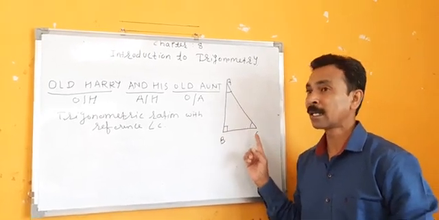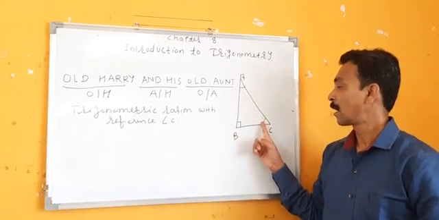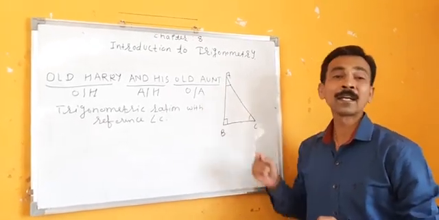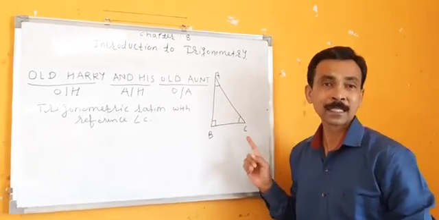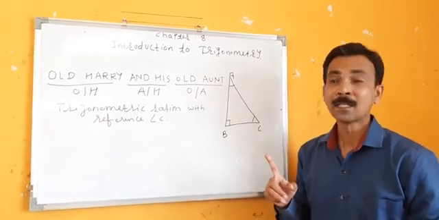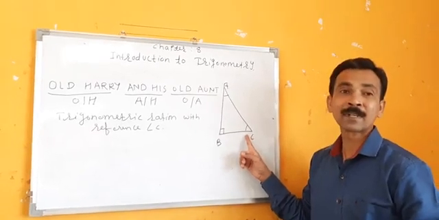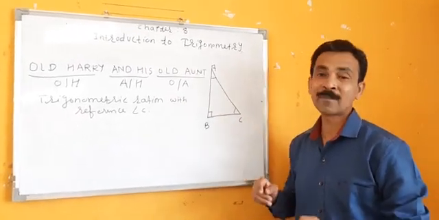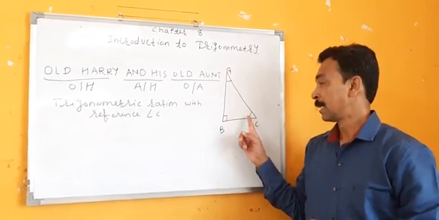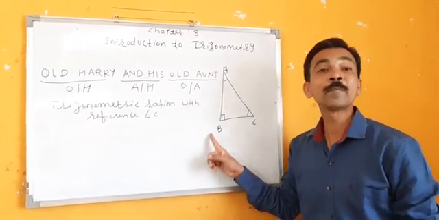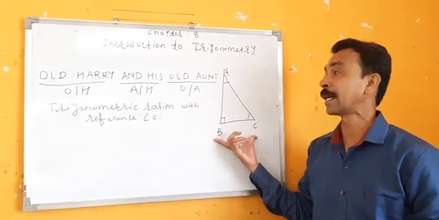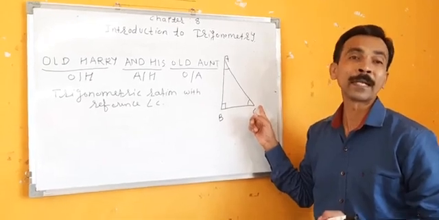In a right angle triangle, if angle C is the reference angle or if angle A is the reference angle, opposite side and adjacent side will change. Again I am repeating: if angle C is the reference angle, AB will be opposite side and BC will be adjacent side. AC is hypotenuse.